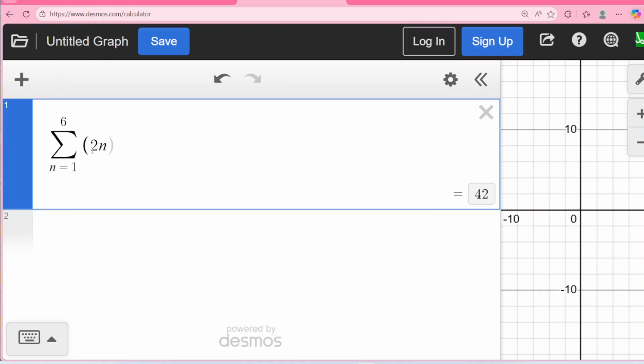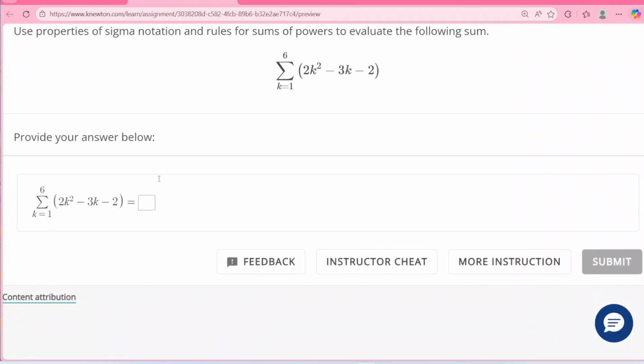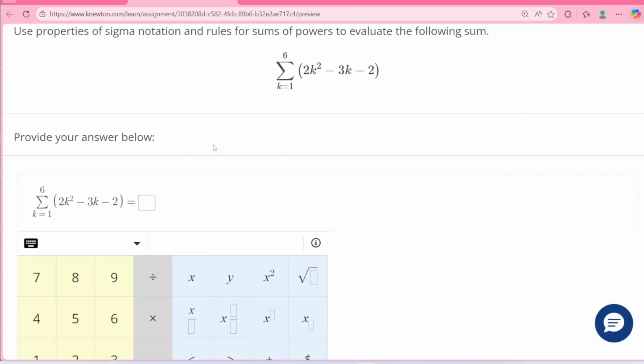So I'm going to change that to 2n squared minus 3n minus 2. And there you again are seeing the value of 107. So it's very nice, does things very quickly for you if you're in a pinch. So after all that, this is 107.